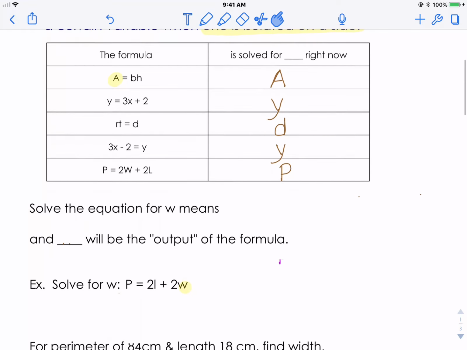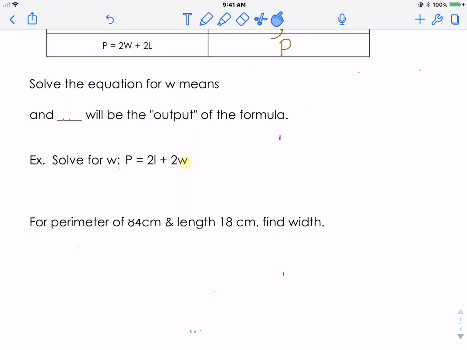Our goal then in this video is to figure out how to use our equation solving skills to move those equations around to be solved for a different one of the variables, so that instead of outputting possibly perimeter on the last one, maybe it would output width or length.